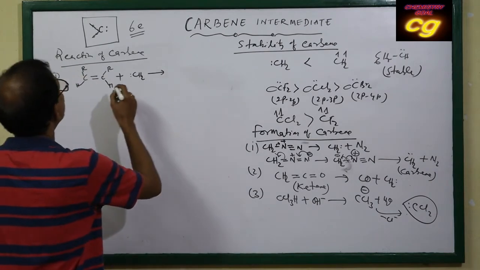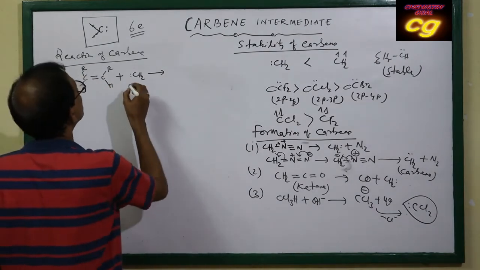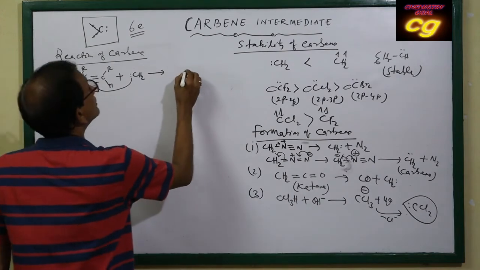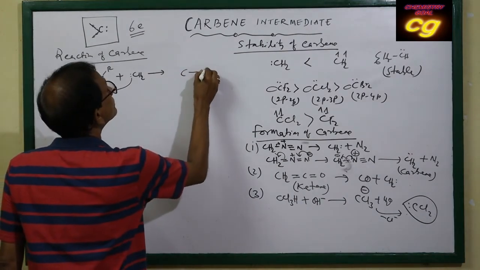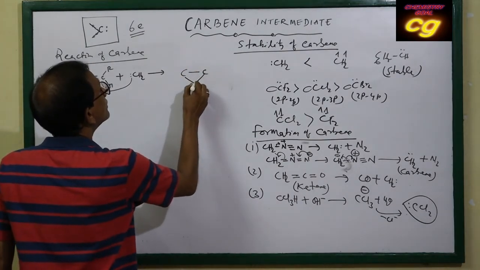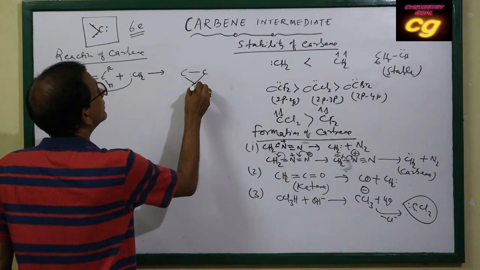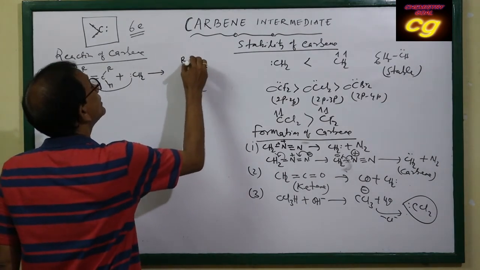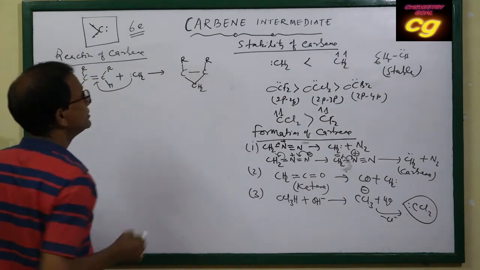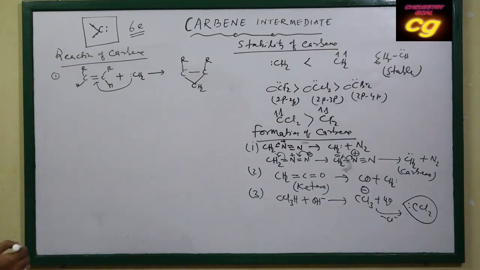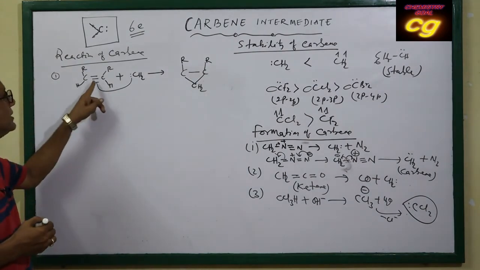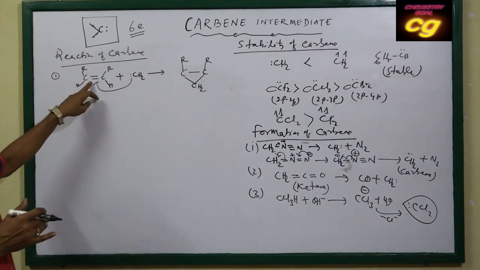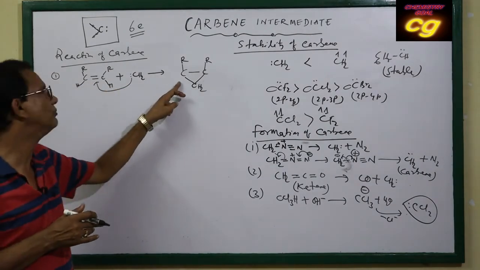So the result is the formation of a cyclic compound. The carbene will be attached to the pi bond, and a cyclic compound is formed. Here this is R and this is R. That is, this carbene is added to the pi bond, forming a cyclic compound.